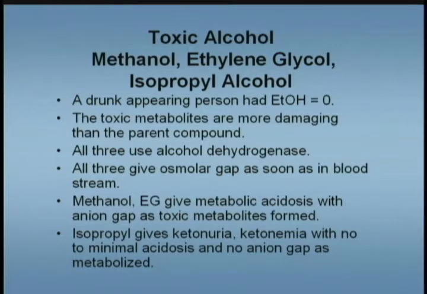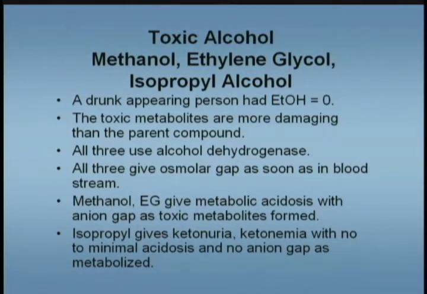All three of these poisons are absorbed rapidly from the gastrointestinal tract. This makes the use of gastric emptying of very little value, okay? Because by the time the patient gets to the hospital, it's already absorbed. As soon as this material is absorbed into the bloodstream, it gives you an osmolar gap.